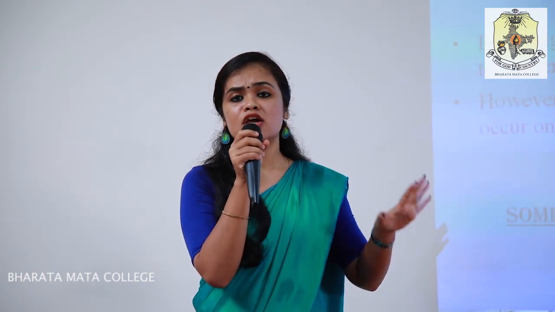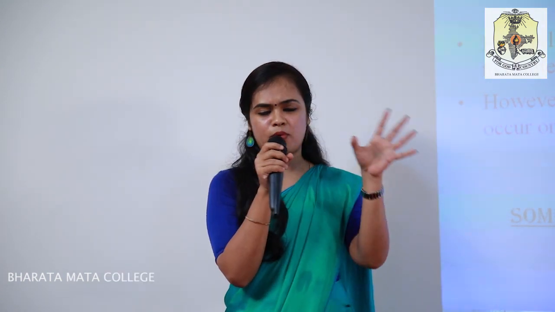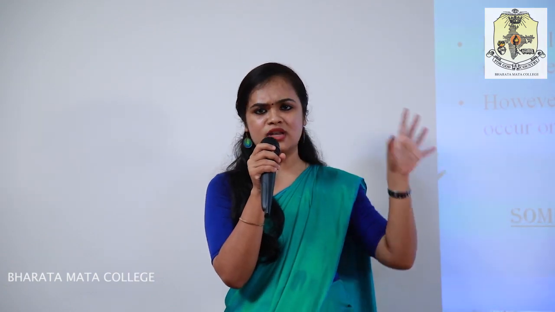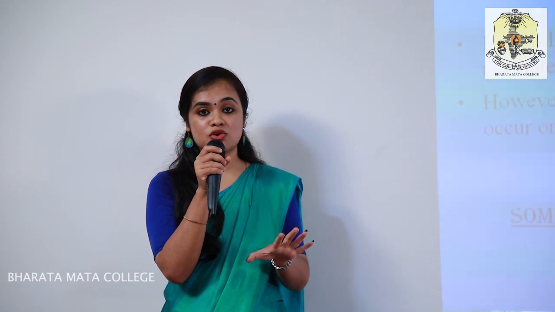And the most interesting part is, in these 24 tales, Chaucer has completed only 22 of them, and the remaining 2 tales were incomplete. So the whole plot of this particular work wasn't fully completed by Chaucer, so there should be 120 tales in total, but only 24 of them came out.